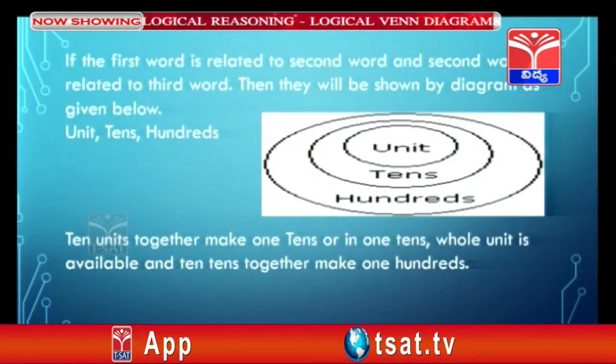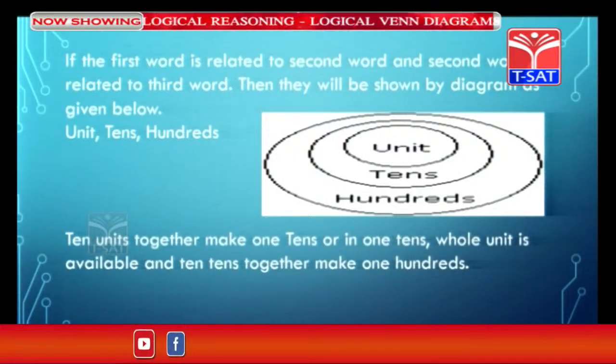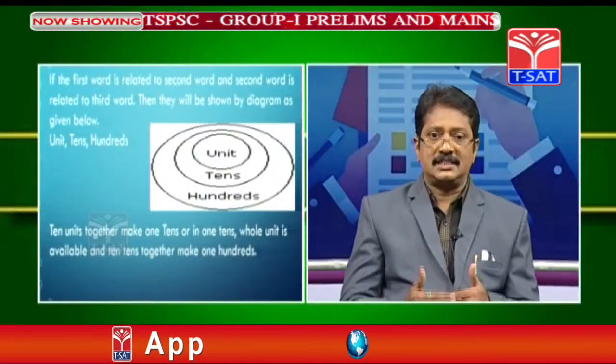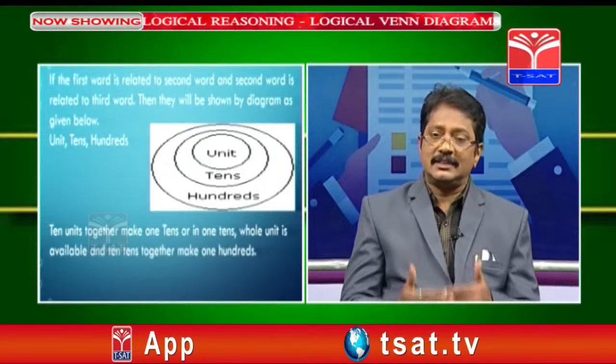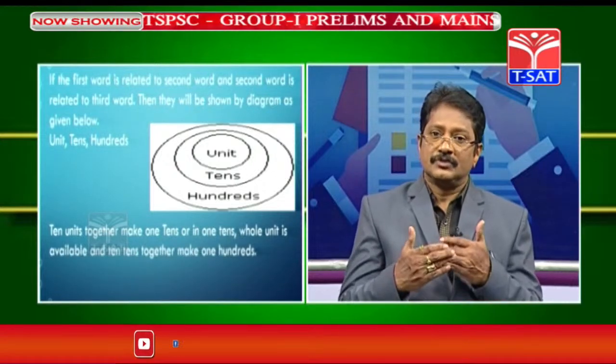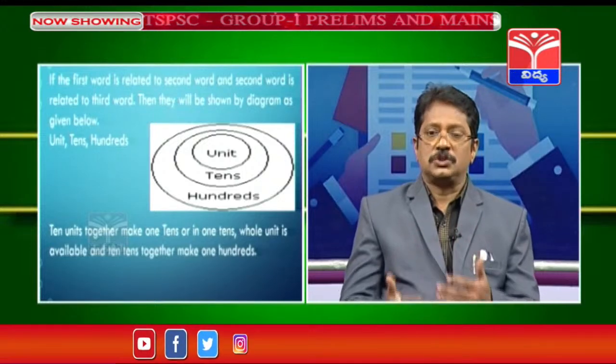This is the way of representation. If one piece of information completely depends on the second one, and the second completely depends on the third. So, for example, let us take a simple example: city, then state, then country, then continent, then the total world.